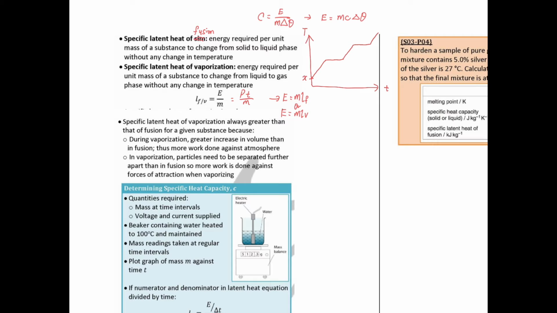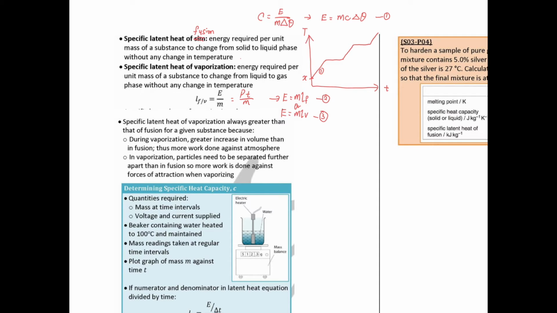Okay, so in this situation, this is formula 1, let's say, this is formula 2, this is formula 3. So when should we use which formula? During the first process, you heat up the solid, there is a change in temperature, so we use formula 1.